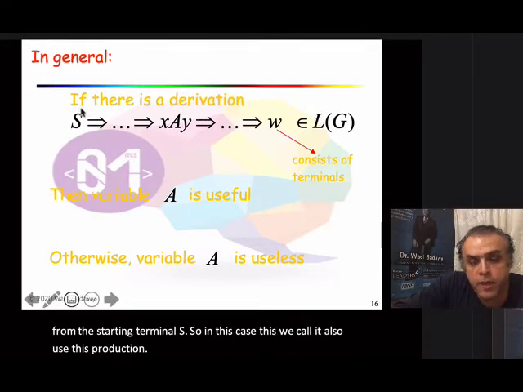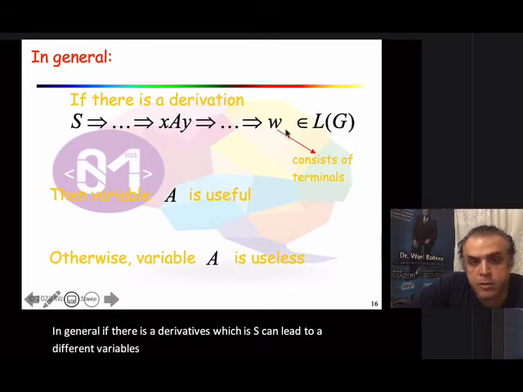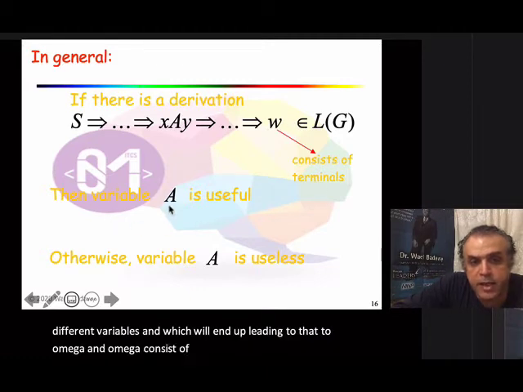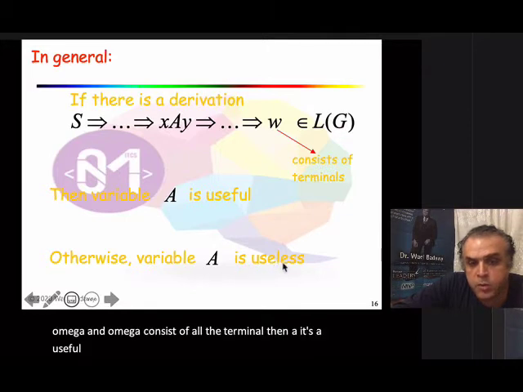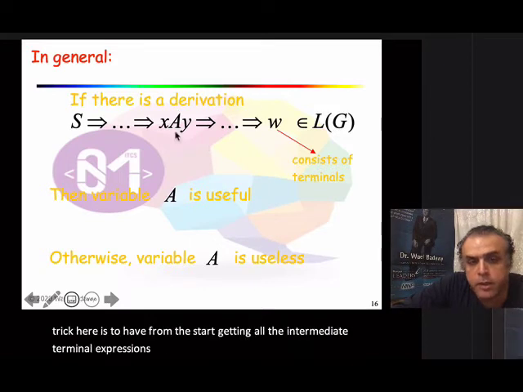In general, if there is a derivation where S can lead to different variables, and which will end up leading to omega, and omega consists of all terminals, then A is a useful production. Otherwise, A is a useless production. So the trick here is to start from S, getting all the intermediate expressions with capitals, and at a certain point these capitals have to reach a terminal point.